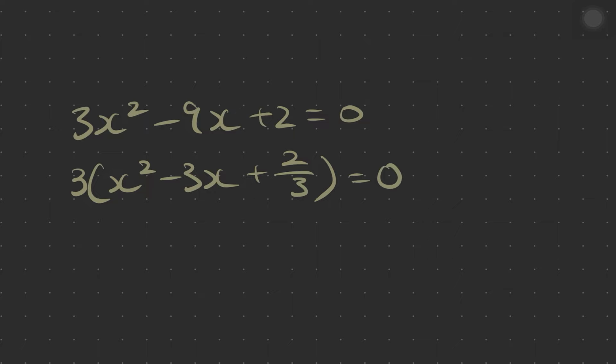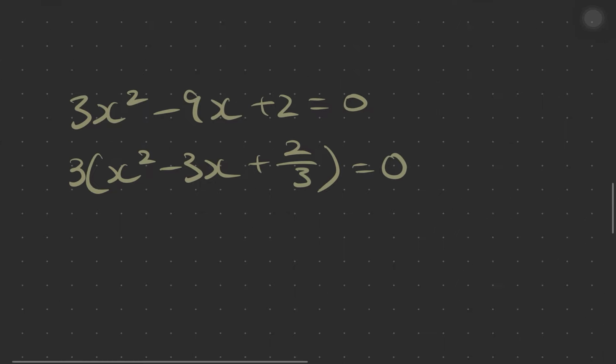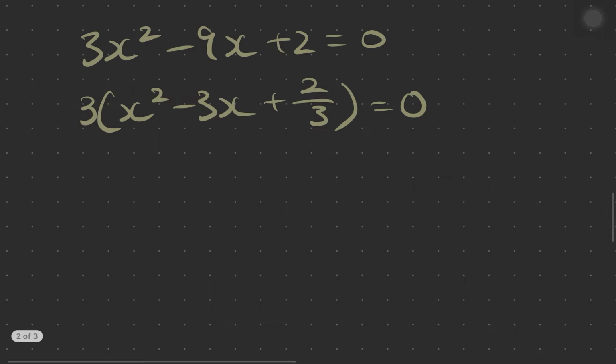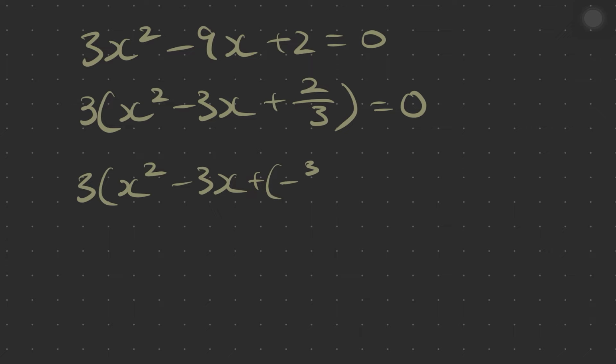Alright, after we've done that, we can now perfect square this. So now I didn't bring over any of the numbers, but it's okay, you can just pretend they're not there. So this will be 3 times (x squared minus 3x), where our c will equal negative 3 over 2. So we just write it as (negative 3 over 2) squared plus 2 thirds.